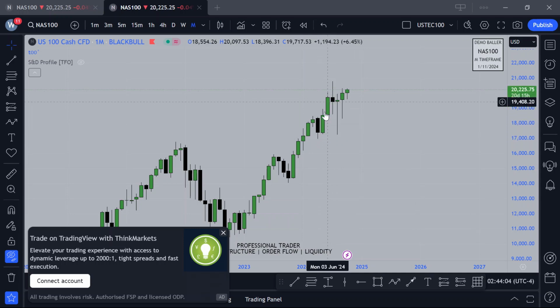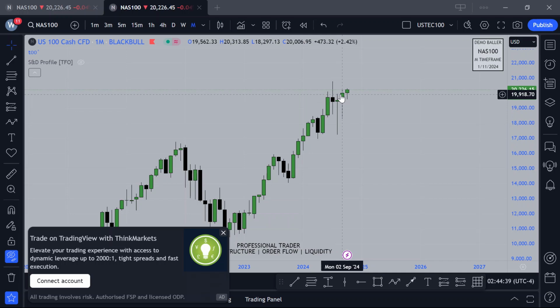But because we are in this range here, we had to wait for more details, more data. Then here we can see September closed above August, which is a positive sign for me. After September respected this order block and closed above August, that was a good sign for me to say that, okay, we are still bullish.